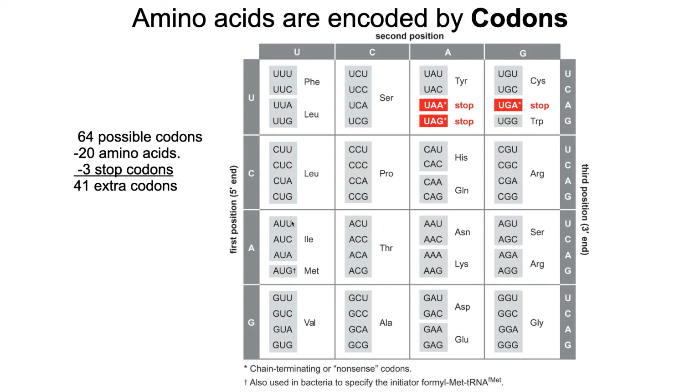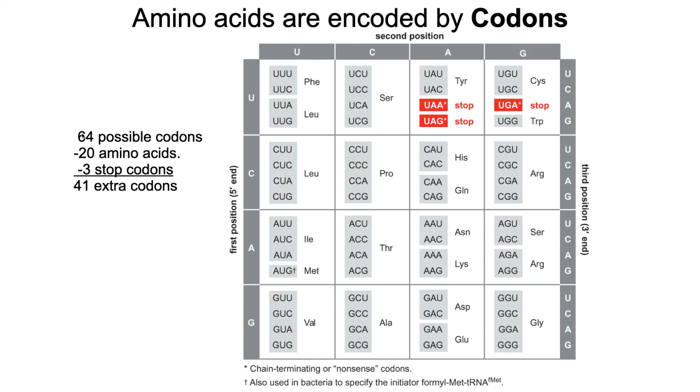What you'll immediately notice is that a triplet codon gives rise to 64 possible codons. Now, I want you to do that math. How could you do the math to derive these 64 possible codons? I'll give you some time to think about it, and we'll talk about it in lecture.